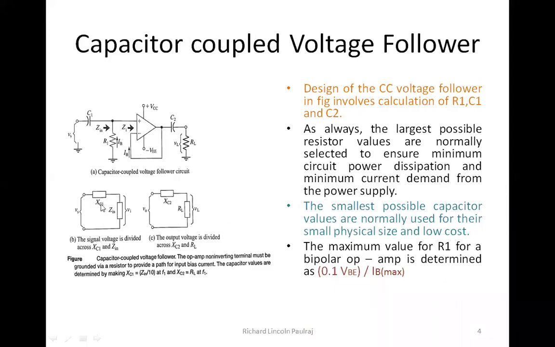Okay, so if you can see the circuit here, VS is the voltage across the source, and Vi is actually taken from this point. The output voltage V0 is taken here, and VL is here.